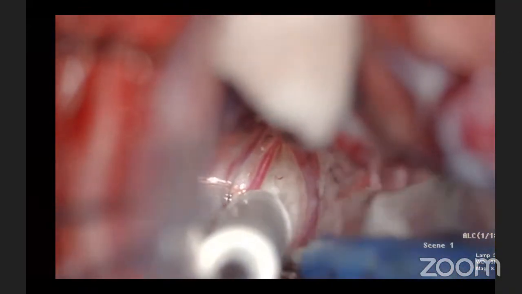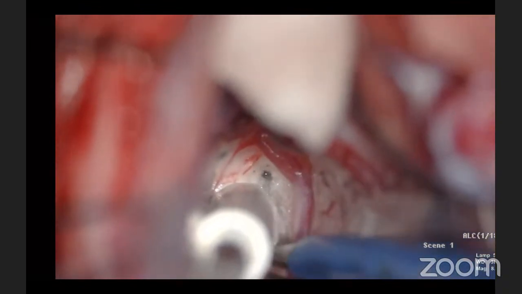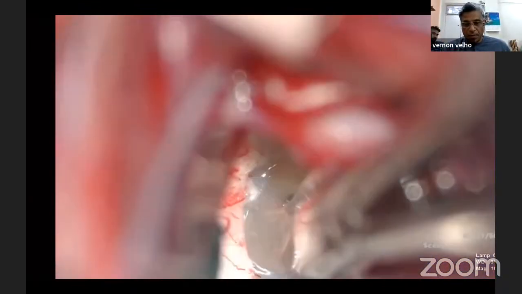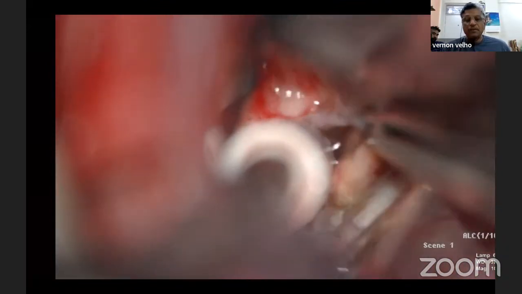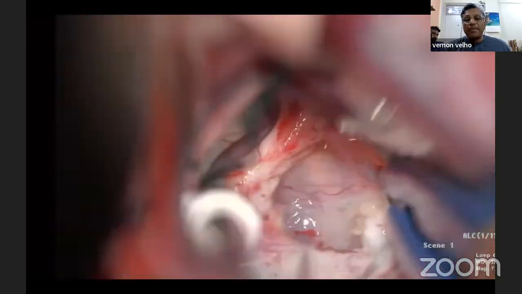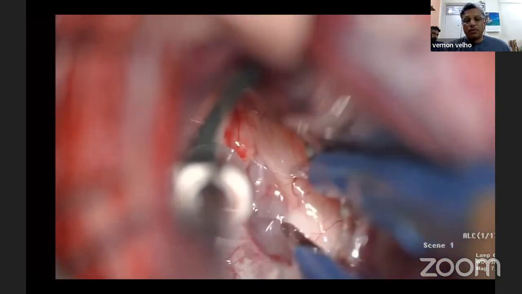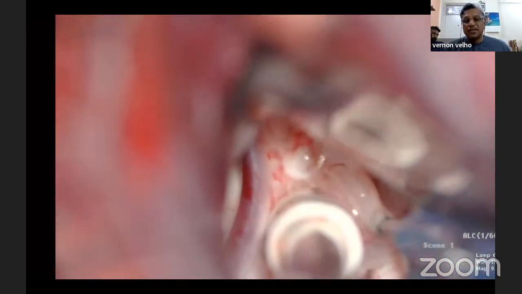You need not do a big callosotomy. It's just a 1 to 1.2 centimeter callosotomy. Identify the pericallosal arteries, open the ventricle, and you can suck out the colloid material. Then dissect it all around with both hands.